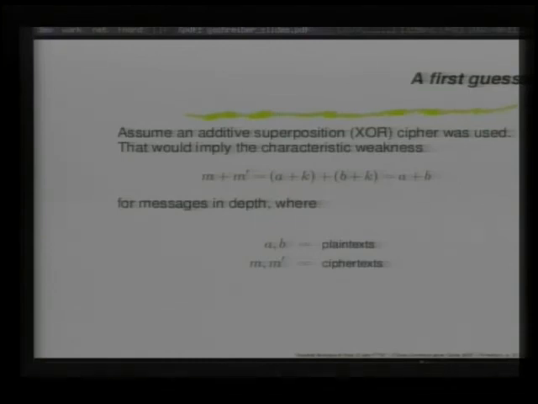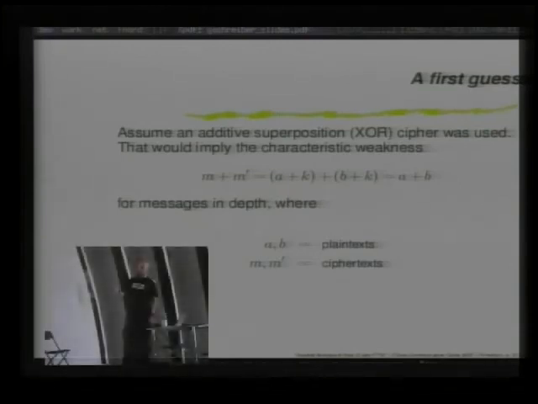This implies the characteristic weakness of XOR ciphers, which is that, if the plus here is an XOR, okay? This is addition modulo 2. If M and M prime are the two ciphertexts, you XOR them. Well, the keys cancel out, right?